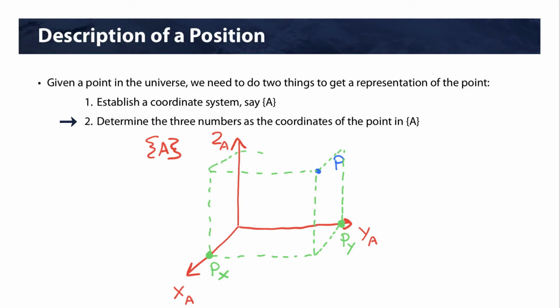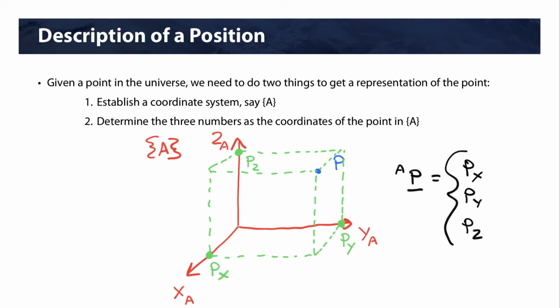And then lastly, we have our projection of P onto our z-axis. So we have Px, Py, and Pz, and they describe our position of that point. The superscript A here tells us that this is all with respect to frame A.